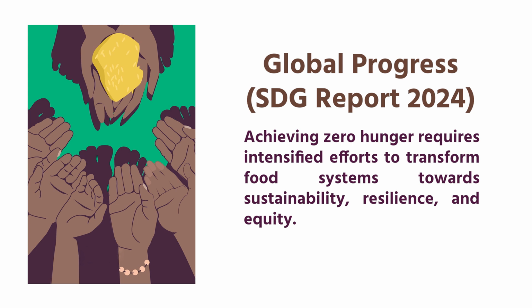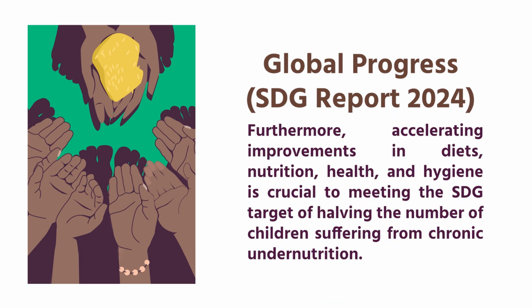It requires intensification of efforts to transform the food system towards a resilient, sustainable, and equitable one. Furthermore, we have to accelerate improvements in terms of diets, nutrition, health, and hygiene.